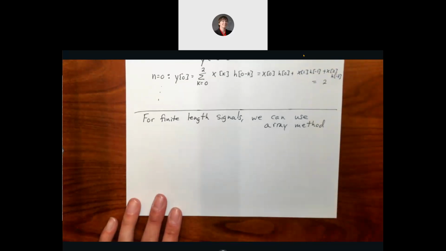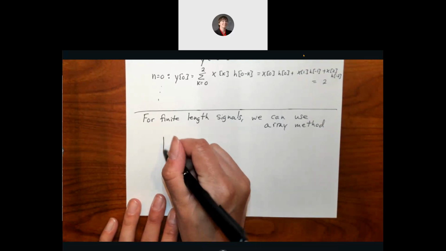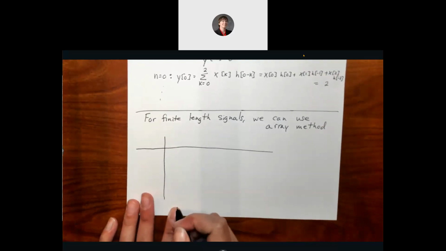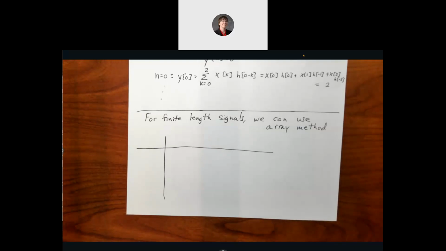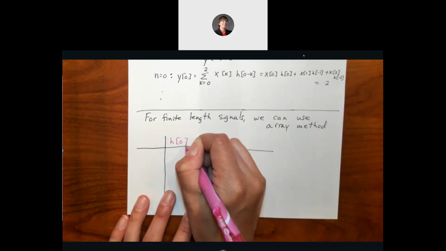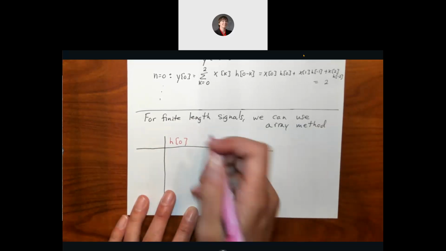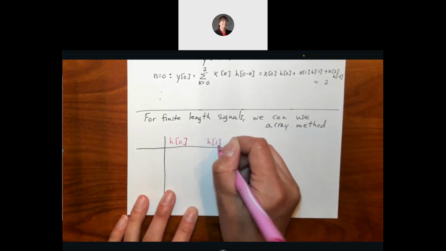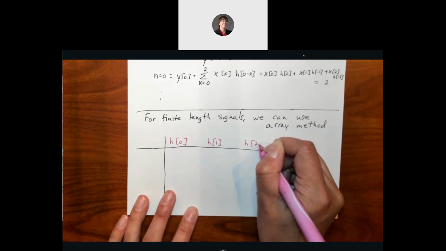What this allows us to do is form an array. And you could do either or. For this one, I'm going to put the h's on the top. You could put the h's on the side and the x's up here. Either way, it'd still get you the same result.